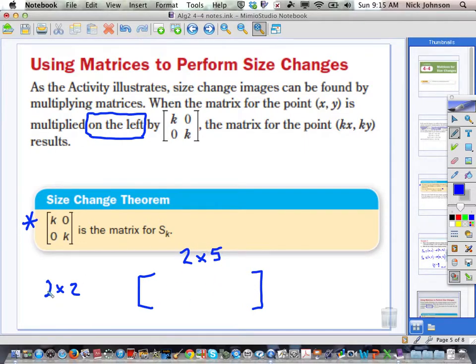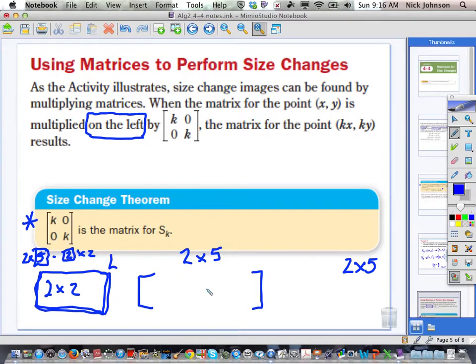So if I do a 2 by 2 times a 2 by 5, I'm going to get out a 2 by 5. But if I were to flip these around and go a 2 by 5 times a 2 by 2, it doesn't work because these rows and columns don't match up. So it's very important to put your size change matrix always on the left. Okay?